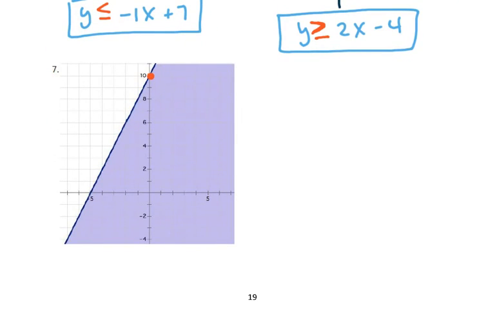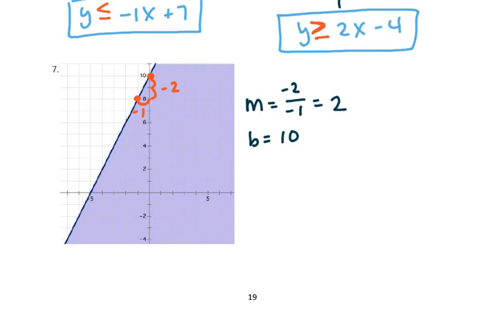So we're going to kind of have to work backwards. So it looks like we're going to have to go down 2, which is negative, and left 1, which is also negative. So we're going to have a slope of down 2 and left 1, which actually is just 2. And then we're also going to have a start of 10.